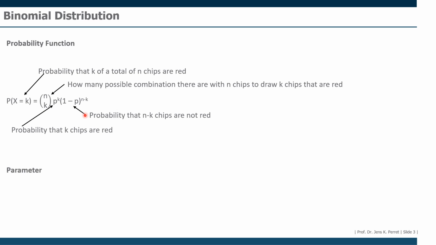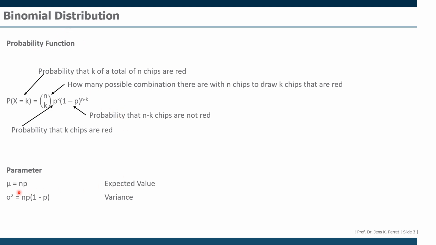Whenever we want to calculate a probability, we're just going to insert the sample size, which probability we want to calculate, and the probability that an event occurs, that we will draw one red chip. In addition to the probability, we could also calculate some statistical parameters like the expected value or the variance of the corresponding binomial distribution of a certain situation.